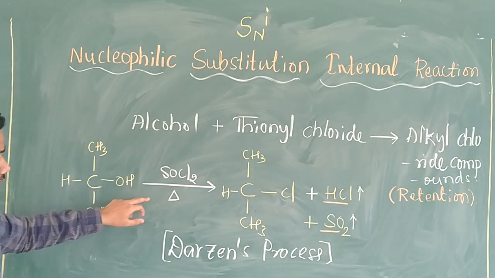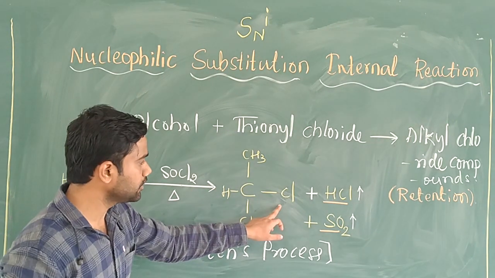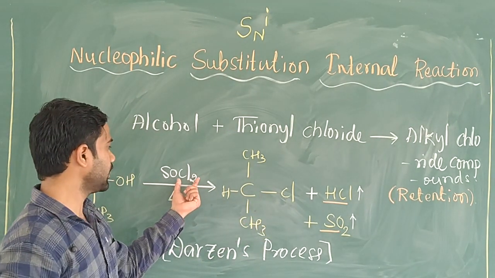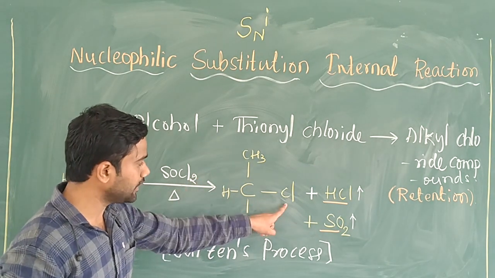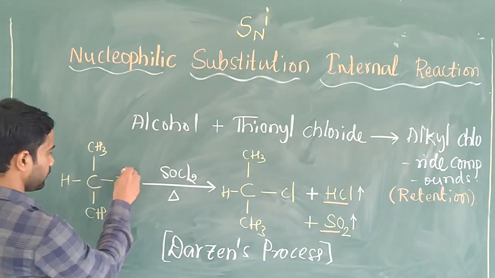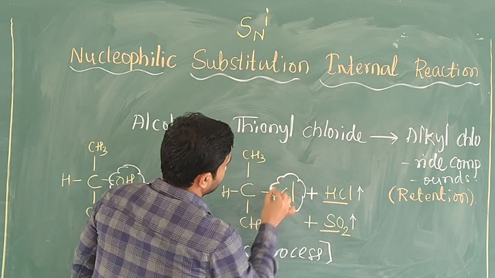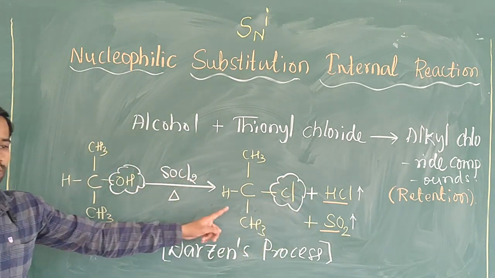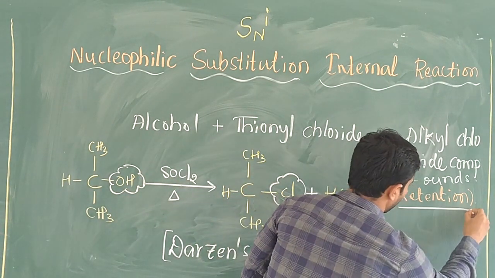The thionyl chloride is going to remove the alcoholic group. We have already studied that thionyl chloride has two chlorine atoms. One chlorine is going to attach in the place of the alcoholic group. That's why we call it a retention product.